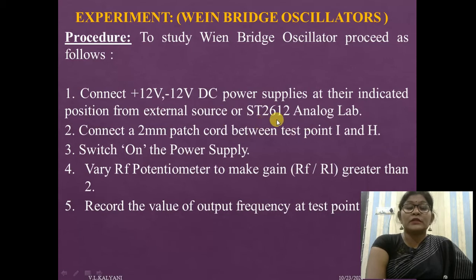We will discuss it in the live experiment. The third step is switch on the power supply. So you have to follow this procedure. The next one is vary the RF potentiometer to make the gain RF by R1 greater than 2.